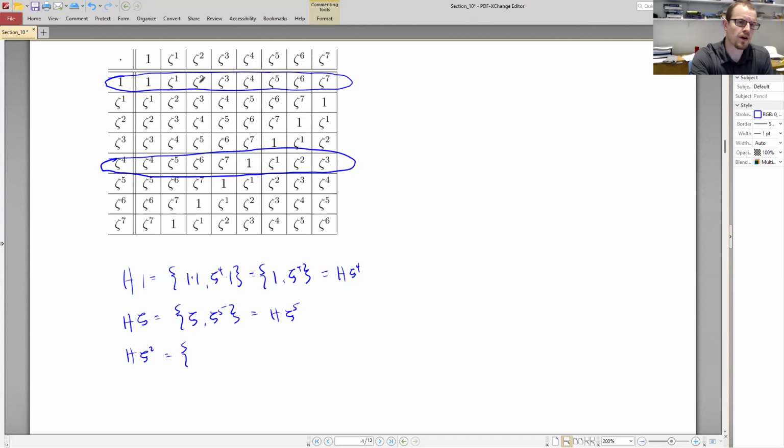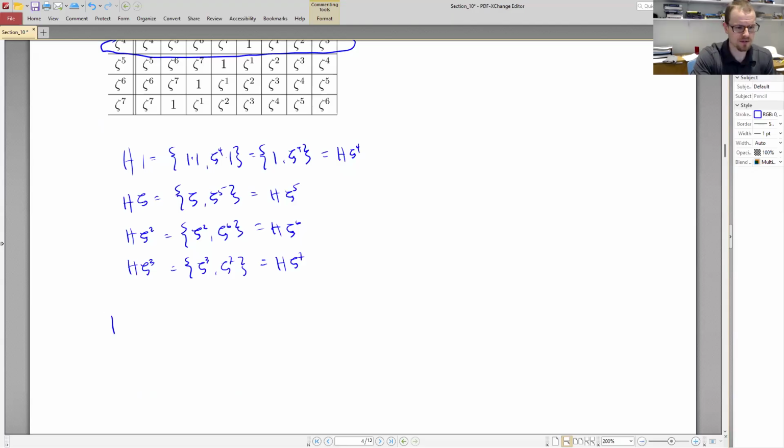When I multiply by zeta squared, I get zeta squared and zeta to the 6th. That's the same as multiplying by zeta to the 6th on the right. Multiplying by zeta cubed now, I get zeta cubed and zeta to the 7th. That's the same as multiplying on the right by zeta to the 7th.